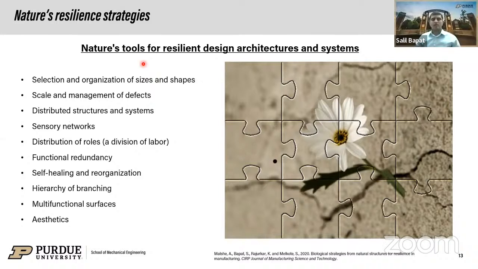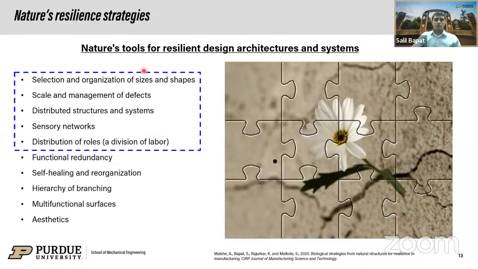So what is there in nature's toolbox that gives certain species resilience and adaptability? For the purpose of this talk, I'm going to focus on the top five of the listed tools: the selection and organization of sizes and shapes, management of defects, distributed structures and systems, sensory networks, and division of roles.